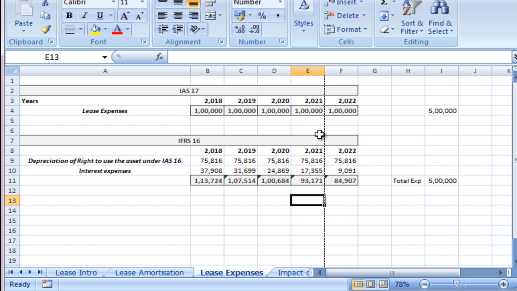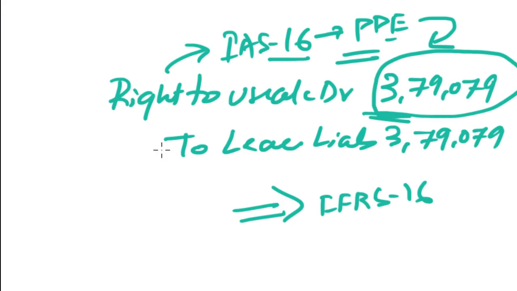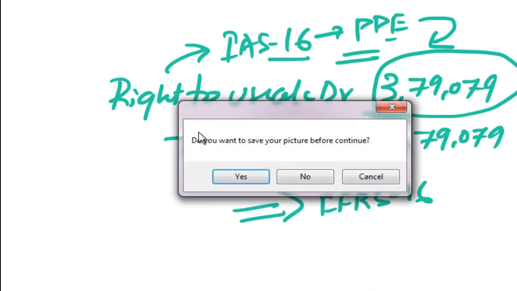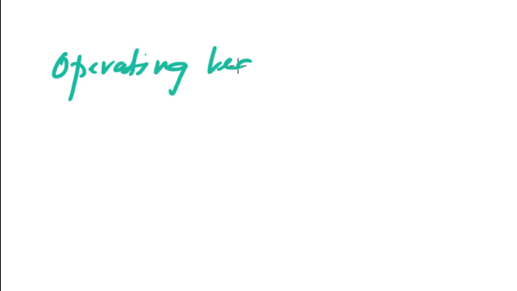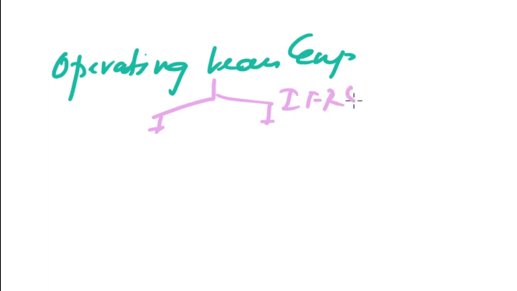So in a nutshell, the operating lease expense under IAS 17 is broken down into two parts under IFRS 16: the depreciation expense of the right-of-use asset plus the finance cost on the lease liability.